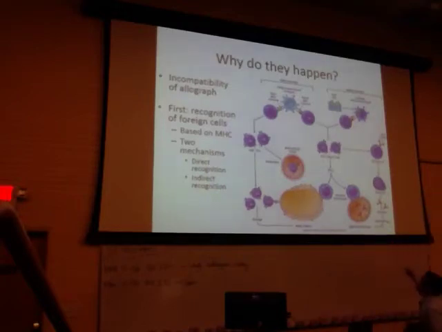The antigen presenting cell in the graft, right, that's what's getting donated, is presenting an MHC class 1 or an MHC class 2 that doesn't match your body. So your respective CD8 positive T cells, if it's an MHC class 1, or CD4 positive T cell, if it's MHC class 2, they actually get triggered.